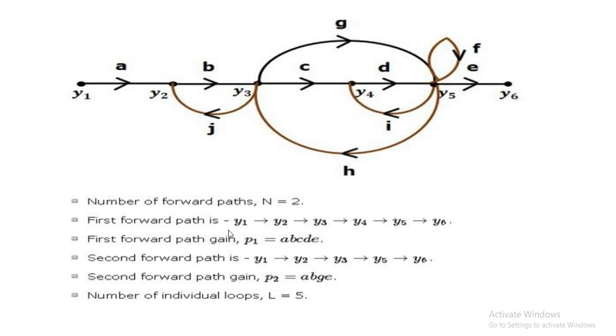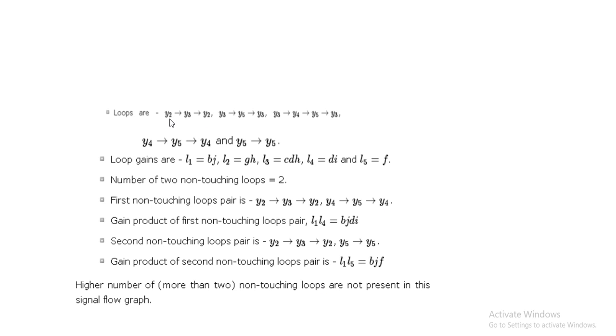First we saw the 2 forward paths, then the gain of the first forward path and the gain of the second forward path, then the loops, then the loop gains, then the number of 2 non-touching loops, which is 2. The gain product of the first non-touching loop pair is bj di, and of the second is bj f. Higher numbers of non-touching loops are not present. So this is the calculation we have done up till now.